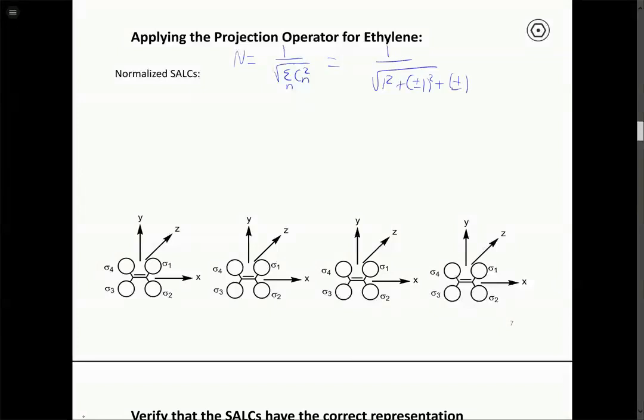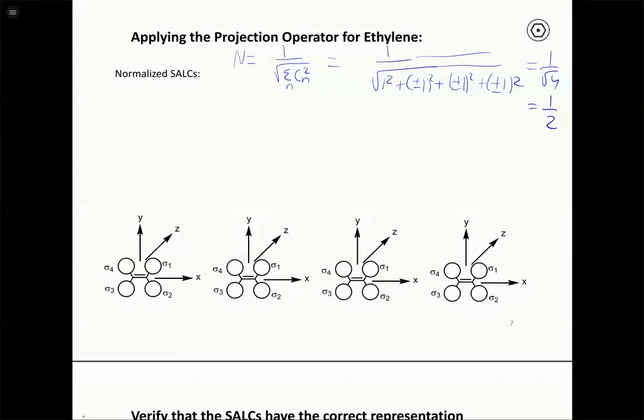And all the rest are plus or minus 1. So what we end up with for each of these is a 1 over radical 4, which is equal to 1/2. So the coefficient, if we're going to normalize properly, is going to be 1/2 for each of them. Again, that's just a mathematical requirement. It's not going to change the symmetry of anything that we're doing.